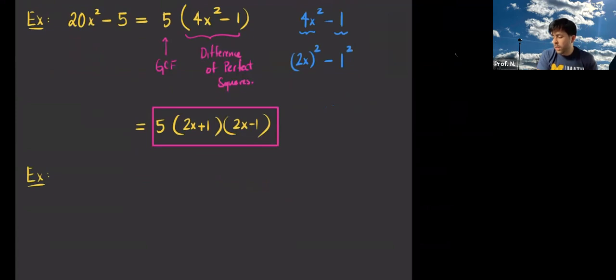Okay? So that's what we're going to be doing with this, guys. Okay, good. How about this? 16a minus 2a to the fourth. What can I factor out here?